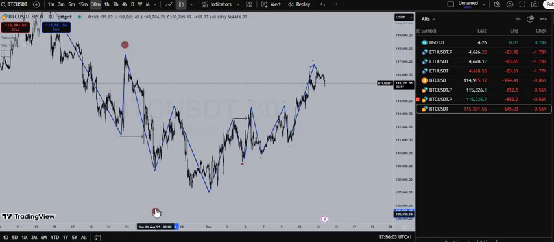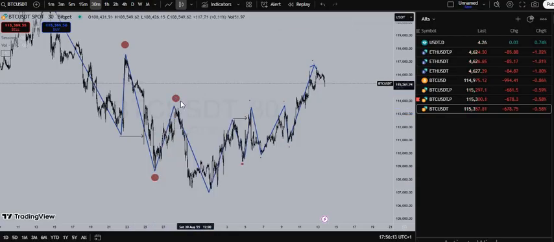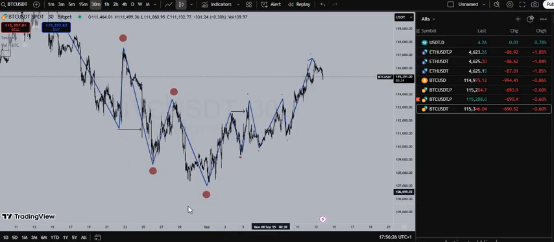I'll bring this and mark this as the lower low, and then price bounces back from here, pulling back to this point as still a lower high because this is a new high but did not go above this, and then breaking below here to this point. Now this is it. This is a change of character because this is a higher low of the previous trend. The market broke the higher low of the previous trend to form a new trend.